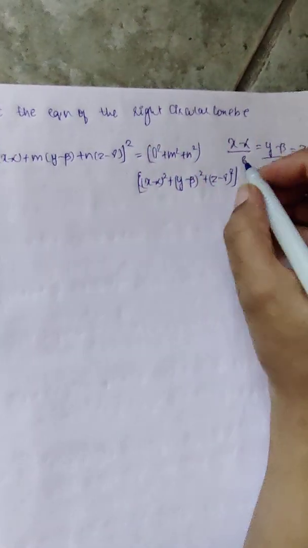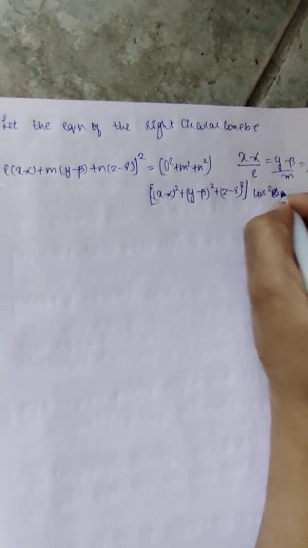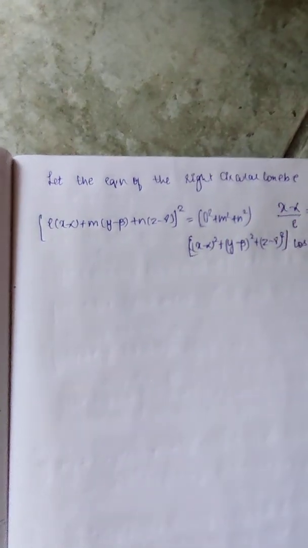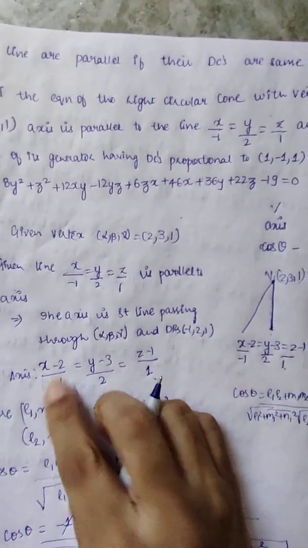And then what is the extra term? Cos square theta. So I'm not going to see alpha, beta, gamma, l, m, n; I'm going to substitute each and everything over here, but everything I'm going to do from my axis. So axis denominator into numerator.